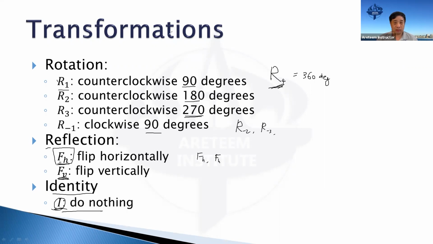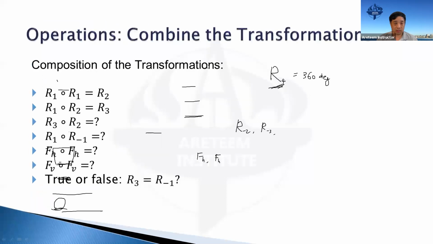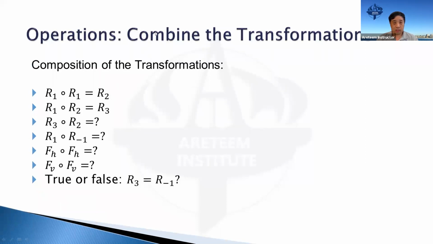Let me go to this page and talk about this. Now I'm combining the transformations. It's called composition. What's composition? I do this first and then do this next. We do a rotation once and then another rotation.